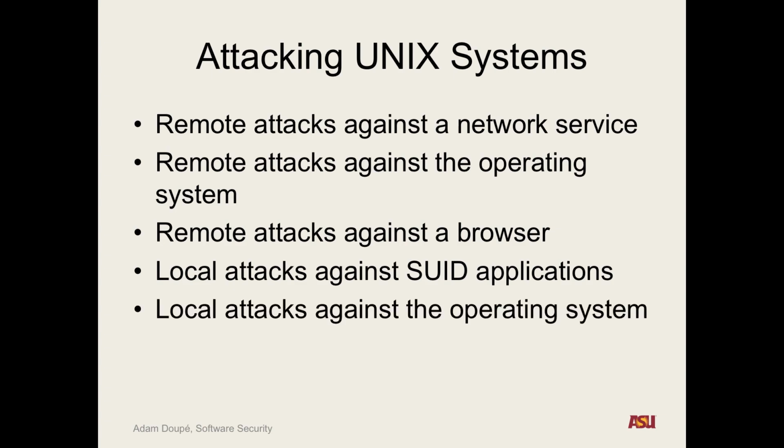So when we're local on the system, we want to try to exploit setuid applications, as we talked about, because we want to expand our privileges in the applications. And we may even want to try local attacks against the operating system, to see if there's a way. So what are the differences between remote attacks against the operating system and local attacks against the operating system?